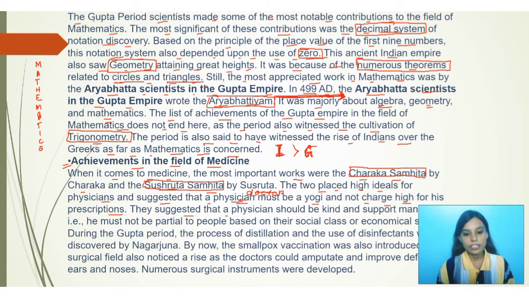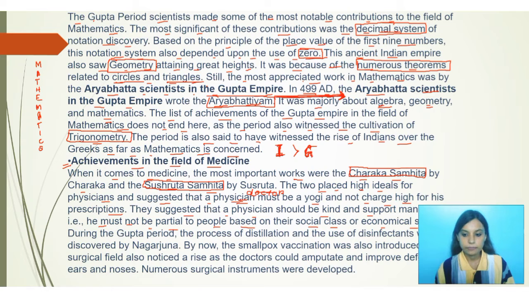They suggested that a physician should be kind and support mankind, that is, he must not be partial to people belonging to any social class or economic status. This was very important in order to maintain equality in society. No one should face wrong behavior.